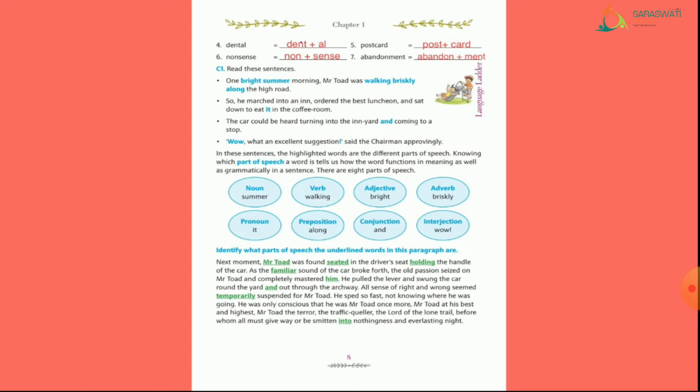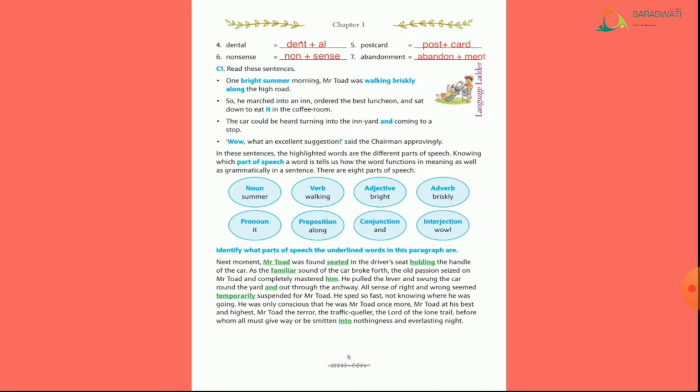Now, as we had studied parts of speech, I had given you some information about the 8 parts of speech, right? Noun, verb, adjective, adverb, pronoun, preposition, conjunction, and interjection. Okay? But mainly in this chapter we had studied adjectives and adverbs.